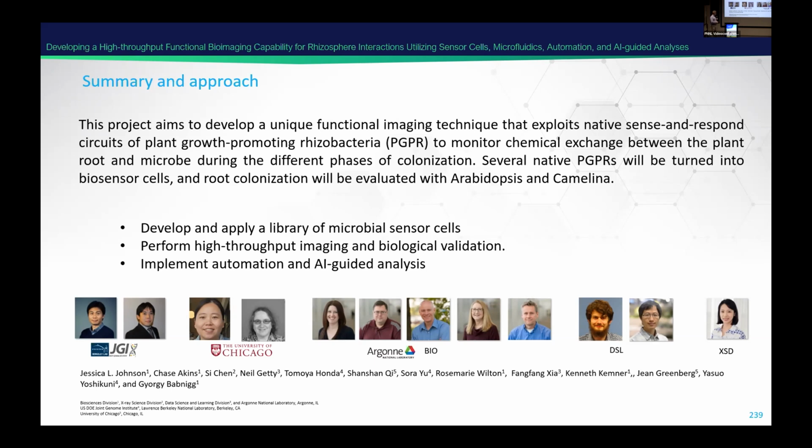So the group is composed of Yasuo Yoshikuni's lab at JGI, providing synthetic biology capabilities, Gene Greenberg, the plant science end of things. And then from Argonne, we have people from biosciences, data science and learning, as well as the X-ray science division.